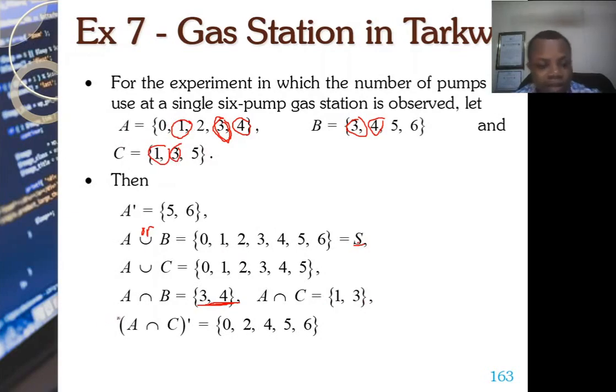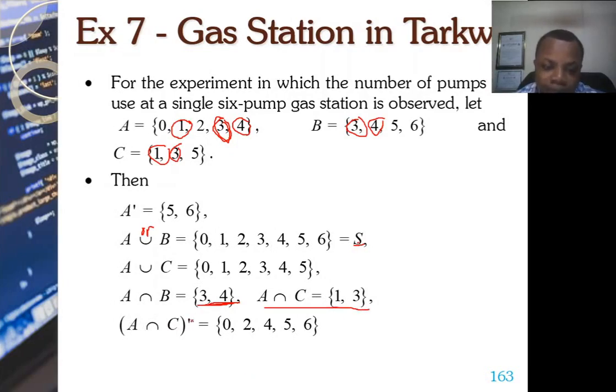Now let's look at an interesting one where we are combining more of these, okay? So suppose we are looking for A intersection C complement. Now remember that A intersection C has been estimated to be 1 and 3.